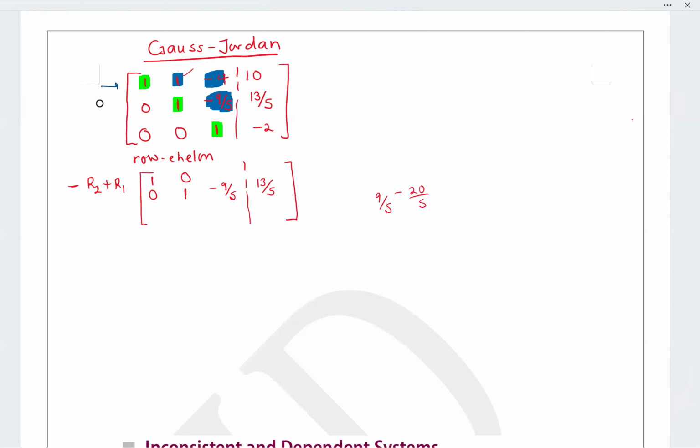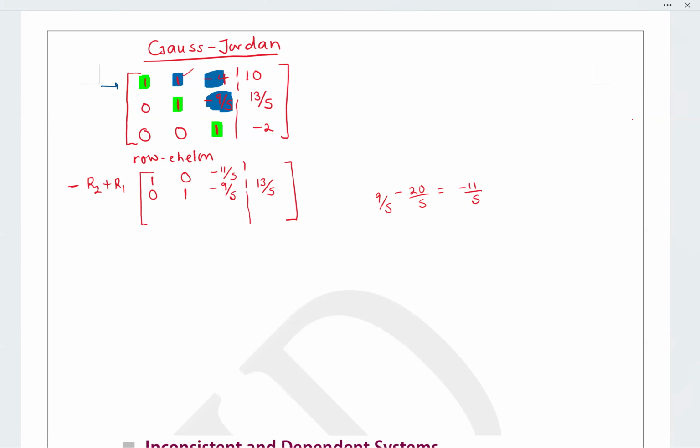So what are we going to get? This is just going to be, you can have minus 11. So let's say this will be minus 11 over 5.